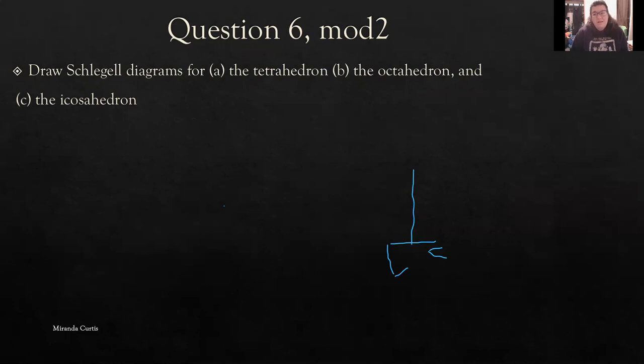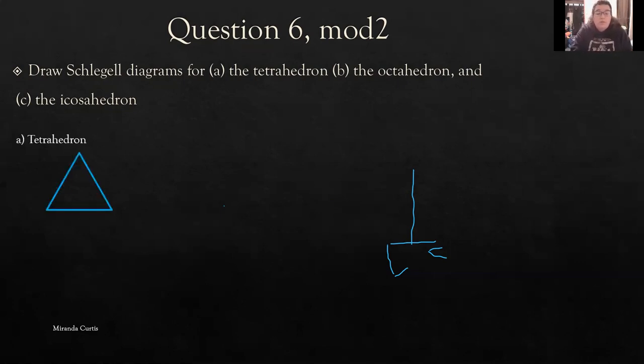Okay, that's not as hard. Then we have an icosahedron. It has 20 plane faces, and its faces are triangles.